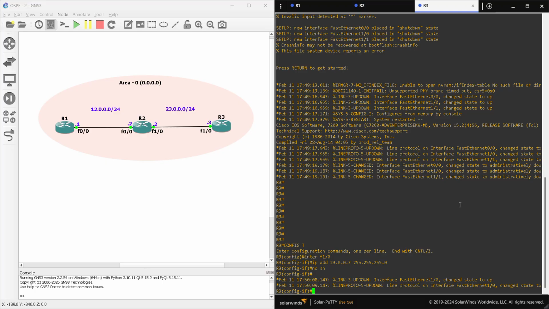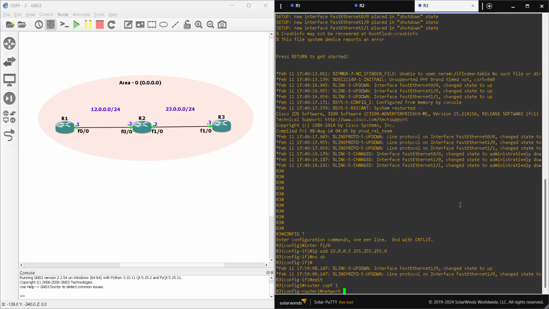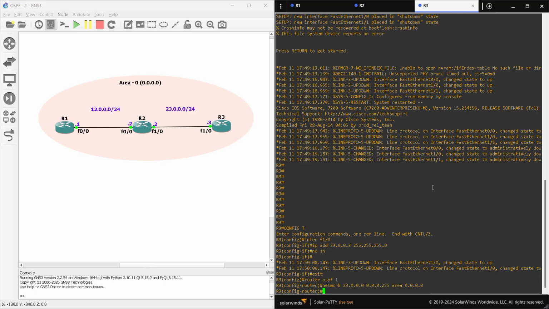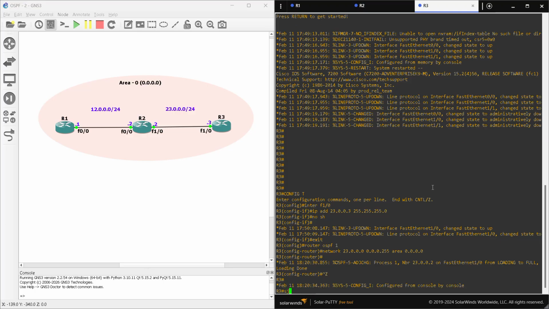Right, great. Now let's go and configure R3. This will be much more sorted. Exit, router ospf with process ID, network 23.0.0.0 along with the inverse mask, area 0. Great. Now, first let's check the neighbors. Show ip ospf neighbor.